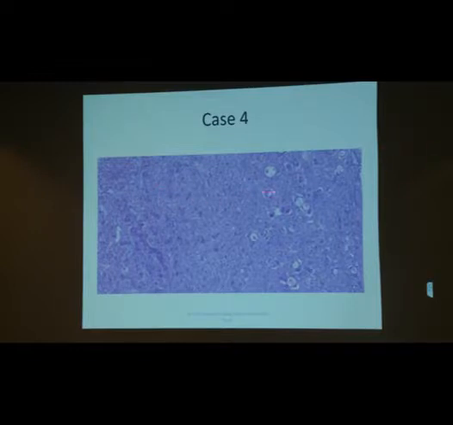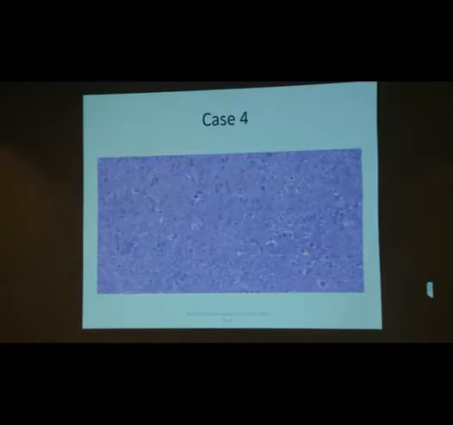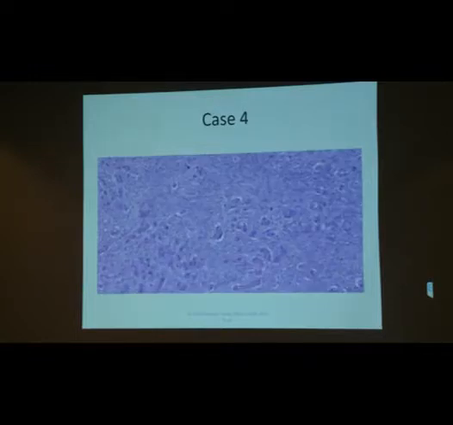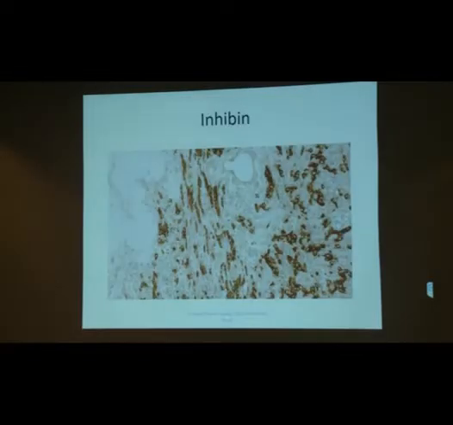Then in the background there's that spindly stroma, and then you have these cords of cells with quite eosinophilic cytoplasm. Another view, again, cords of cells and some gland-like structures, and this spindly stroma in the background. Again here, some solid little islands and cords, and there's the inhibin stain.